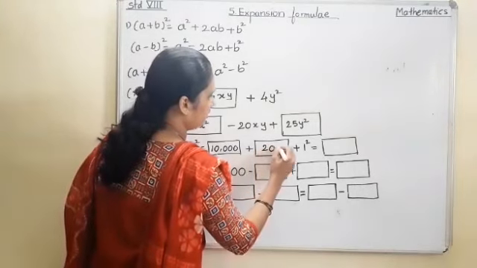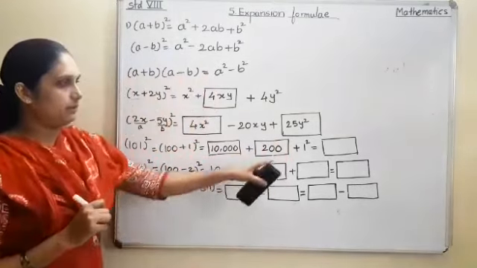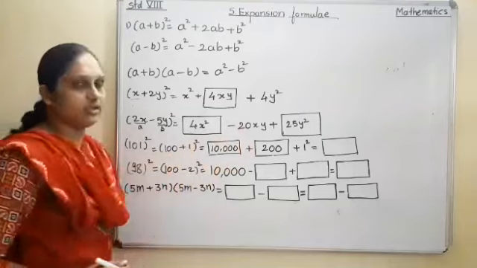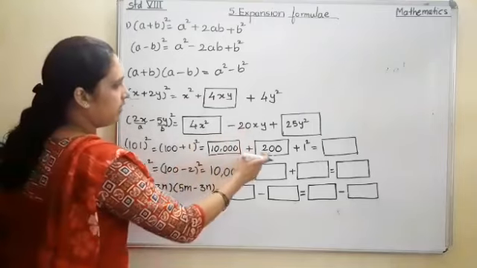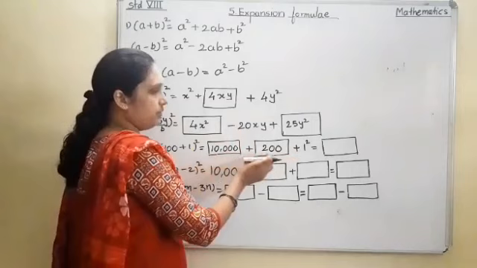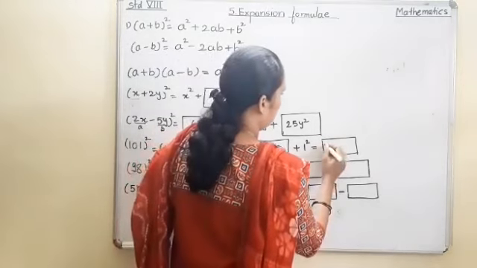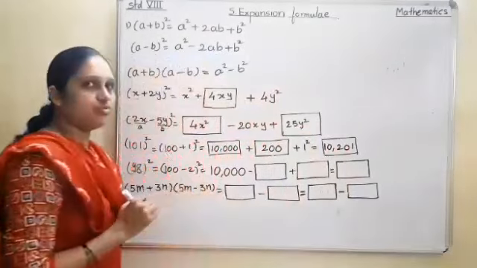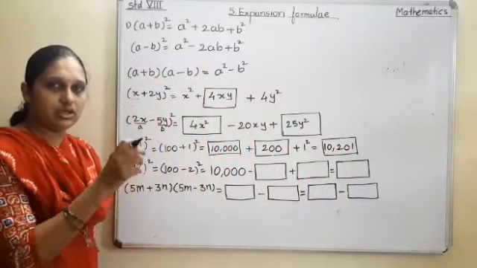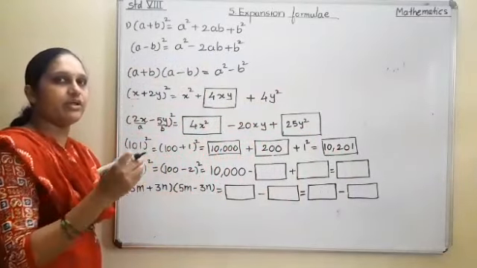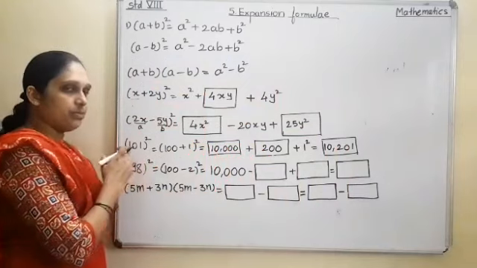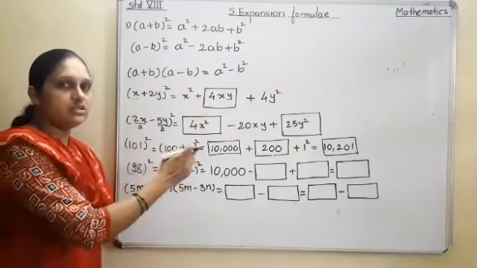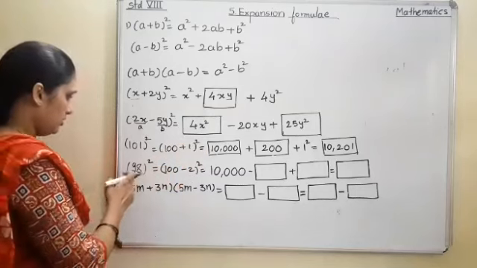So here it will come 200, and plus the last number square, that is 1. Now add all this: 10,000 plus 200 plus 1 will be 10,201. So without doing the multiplication 101 into 101, if you apply the identity, it is easy to solve the squares.